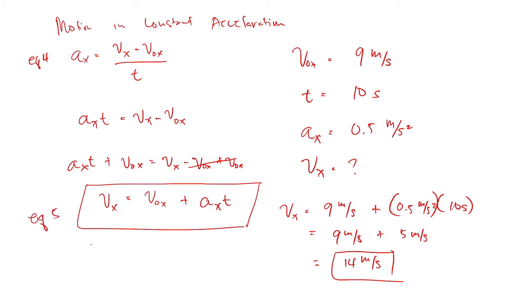Given that our object, or the particle, or the moving body is in constant acceleration, wherein the rate of the change in the velocity is not increasing or decreasing. It is constant. Okay? So we have there our equation 5.